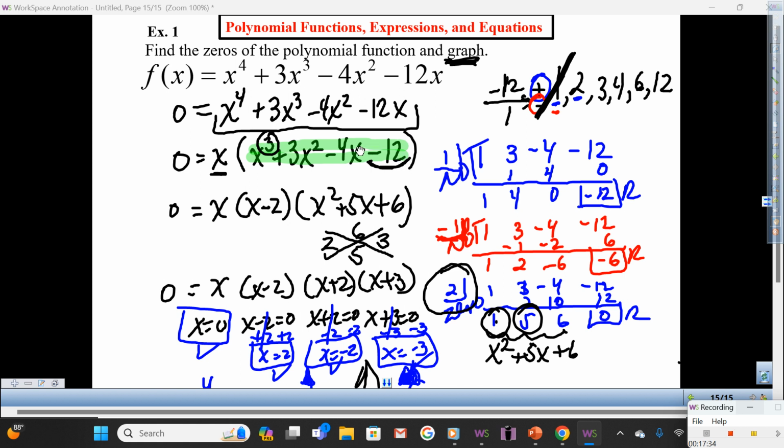Then I said we're going to focus in here using this theorem. So we use the constant, which is negative 12, the coefficient, which was 1, found all the factors of 12, and we tried the positive and negative of each till we found our 0, which was here.